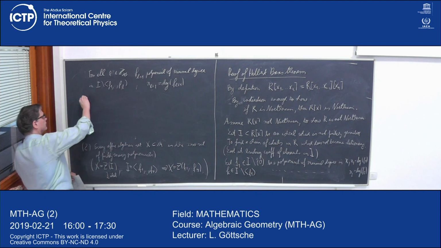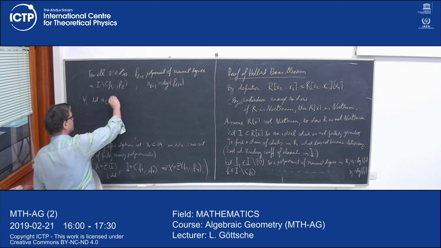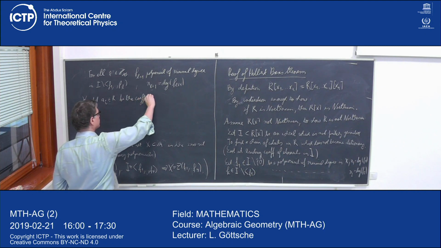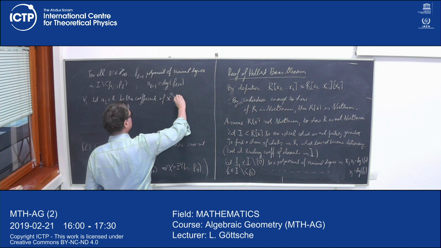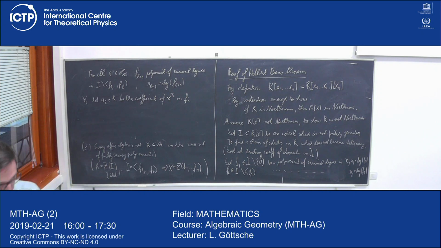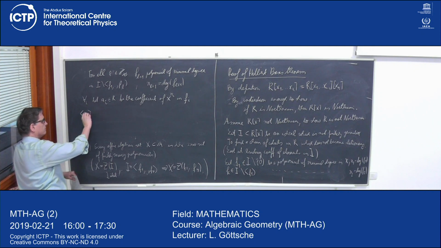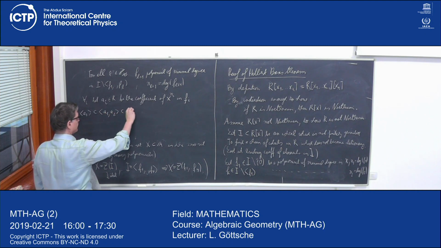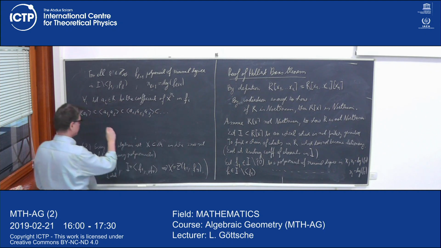So for all i, let a_i in R be the coefficient of x to the n_i in F_i, so the highest degree coefficient that F_i has. So then clearly we have a chain of ideals (a1) contained in (a1, a2) contained in (a1, a2, a3), and so on.